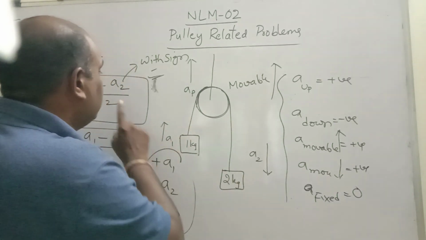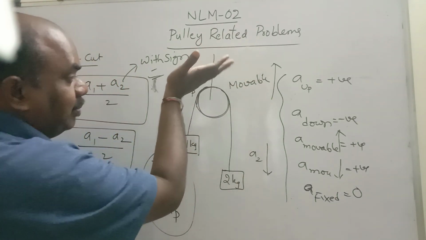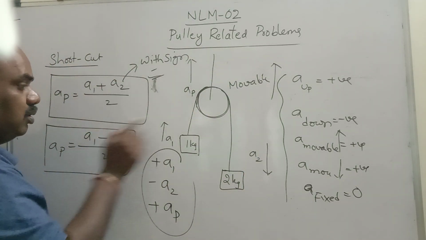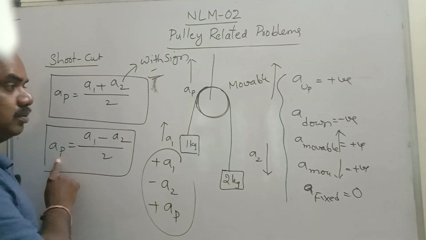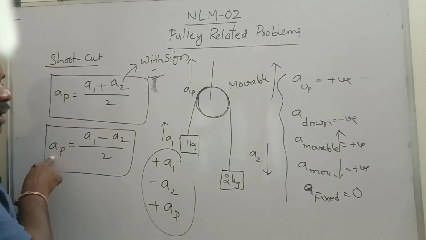But you need to apply sign convention. Upward acceleration is positive, downward acceleration is negative. A1 is going upward, so I took positive. A2 is coming downward, so it is negative, and the pulley is going up, so positive. Understand, children? Suppose the pulley is coming down, then you have to apply minus AP.